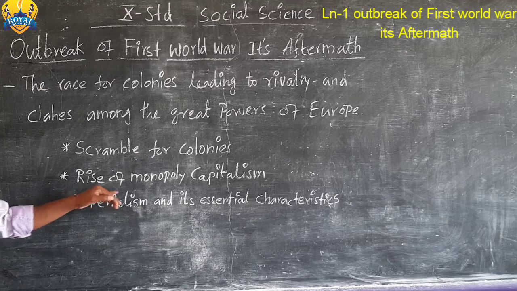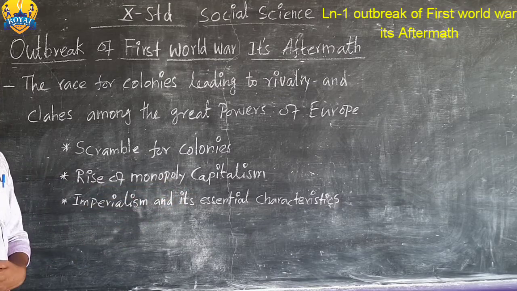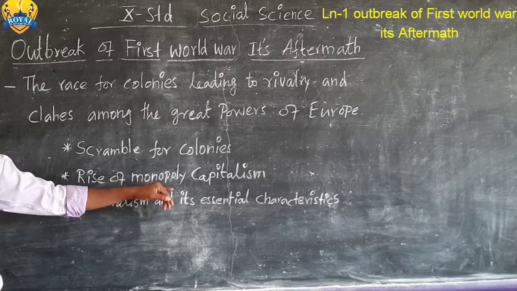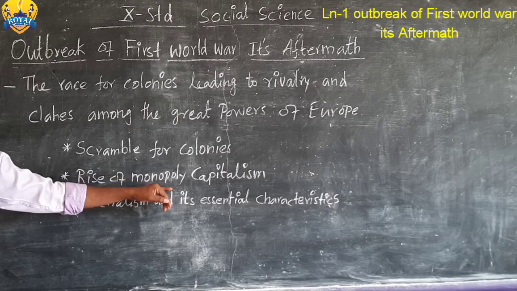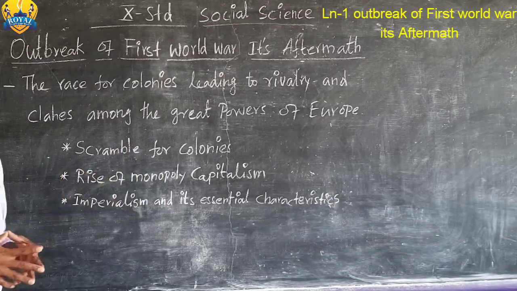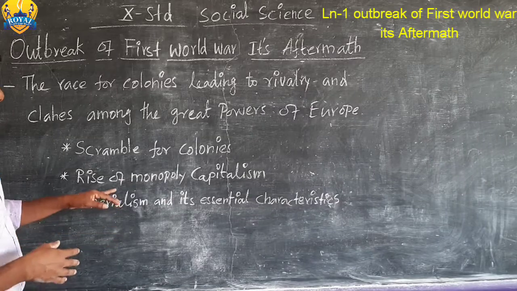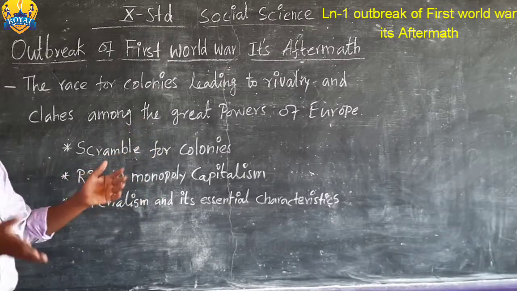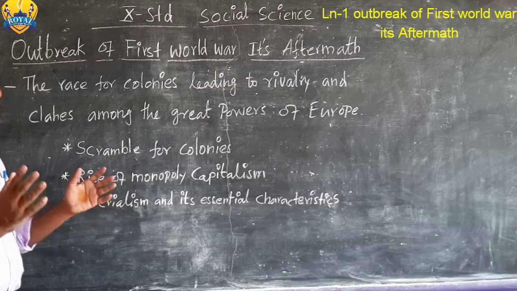Next, the rise of monopoly capitalism. What do we mean by monopoly? Mono means single, poly means authority. These great powers controlled Asia and Africa. By 1800, Asia was under the control of Europeans.